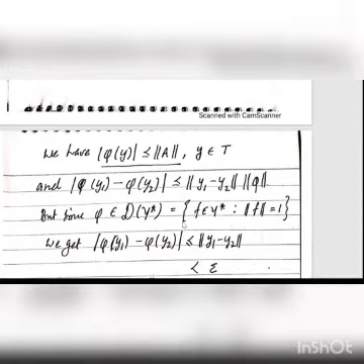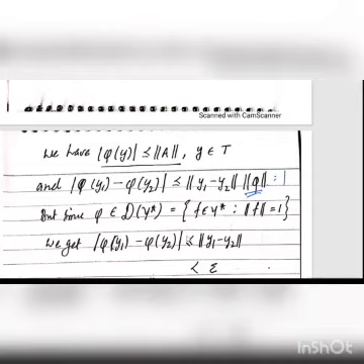Now since phi belongs to D of y star, the norm of phi is equal to 1, since it is the unit ball. So we get modulus of phi of y1 minus phi of y2 is less than or equal to norm of y1 minus y2.